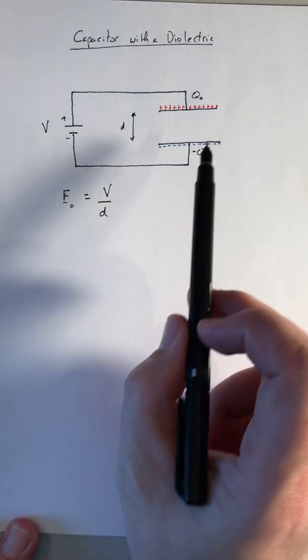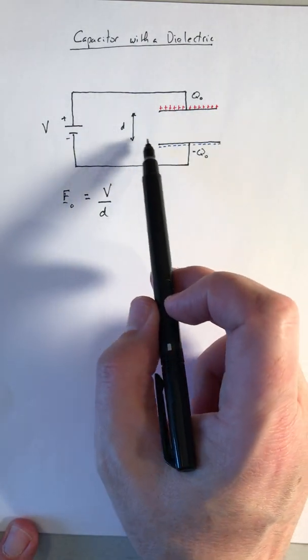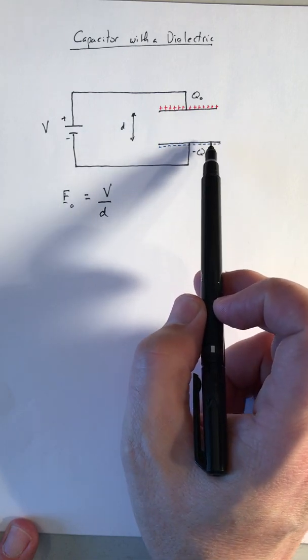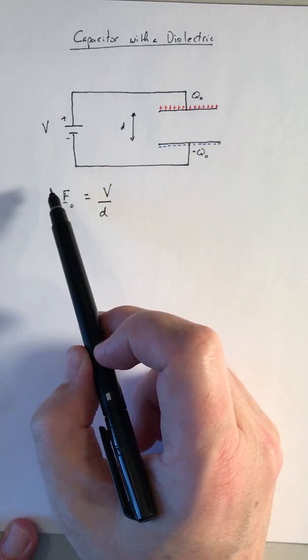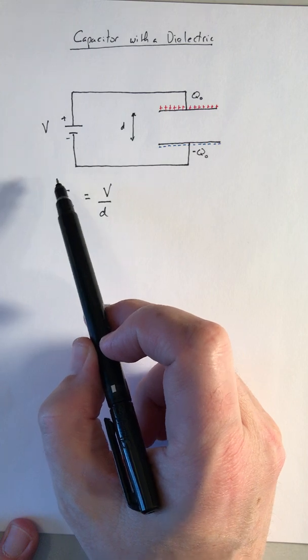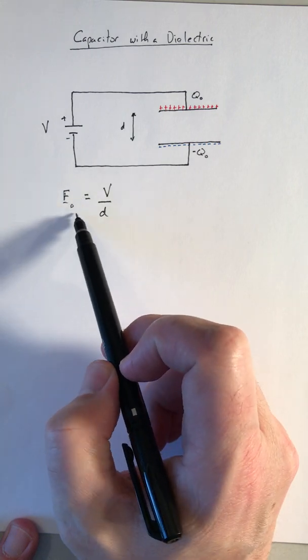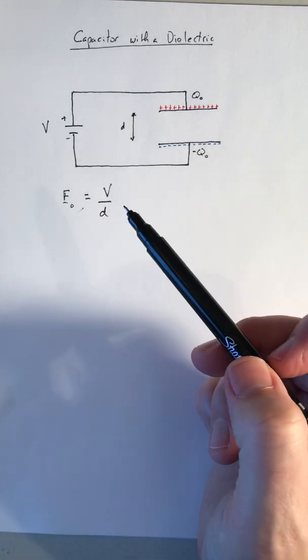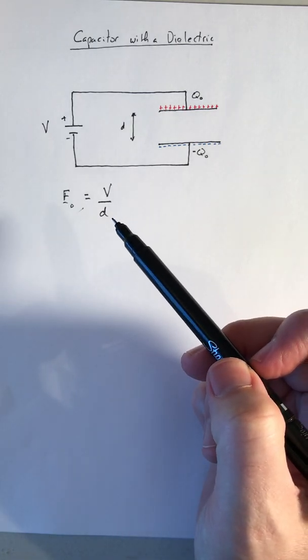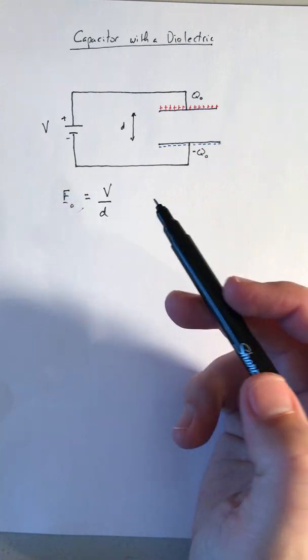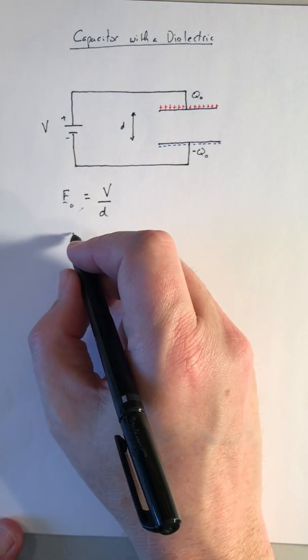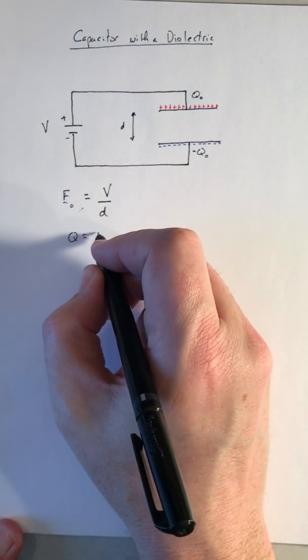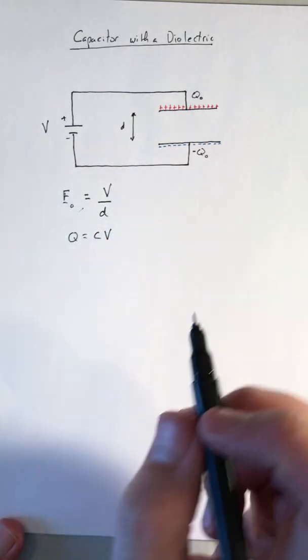So the material that makes up the space between the two plates is limiting what value the electric field can be in the capacitor. That therefore limits how much charge can be placed on the capacitor, because we know for a capacitor that the charge is proportional to the voltage.